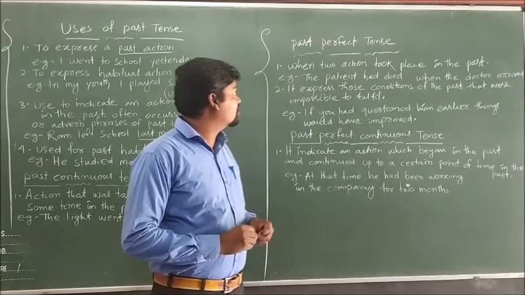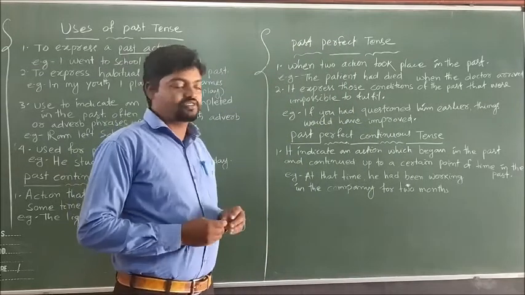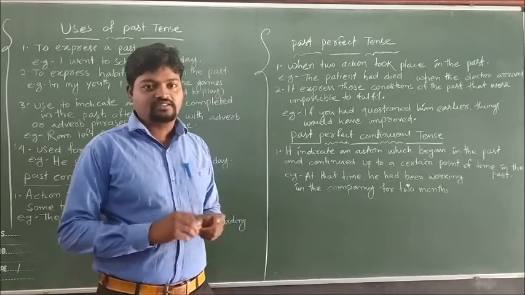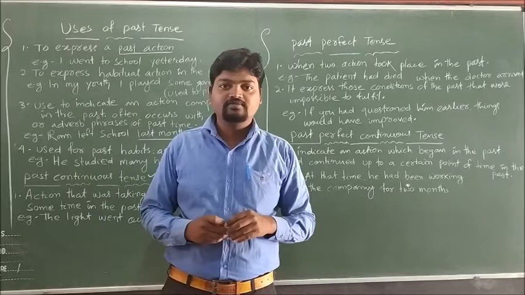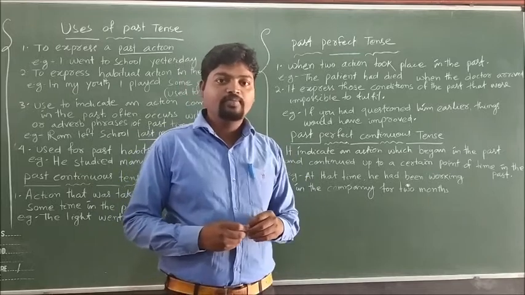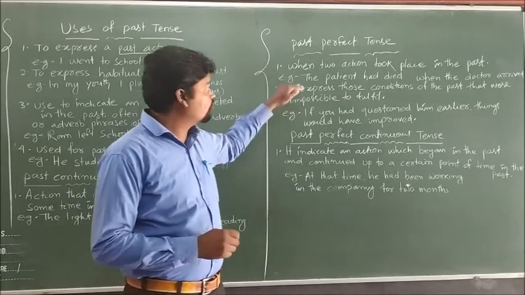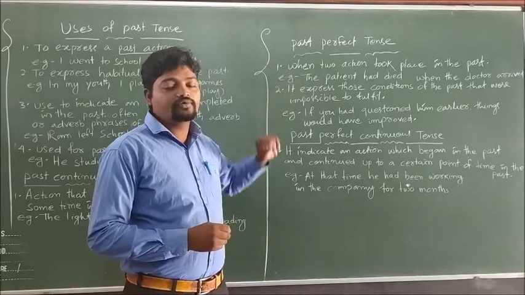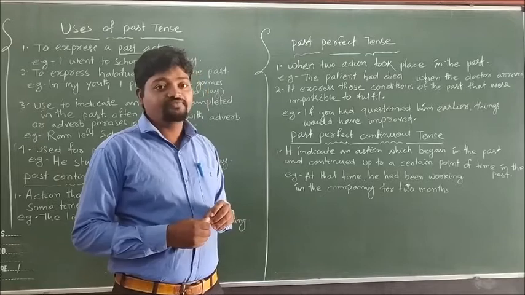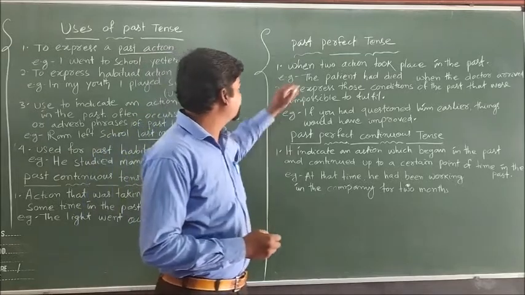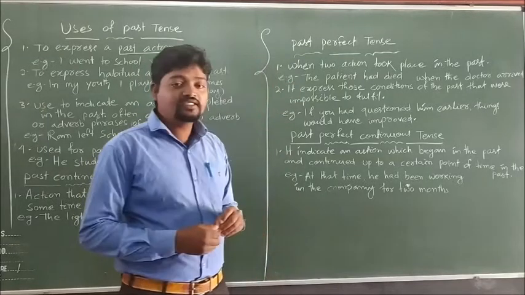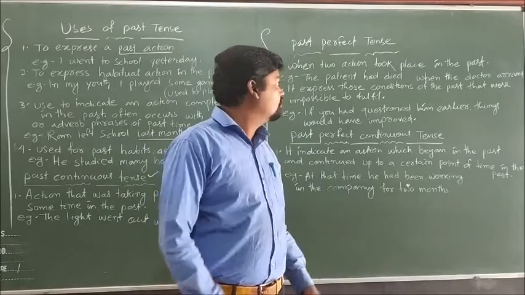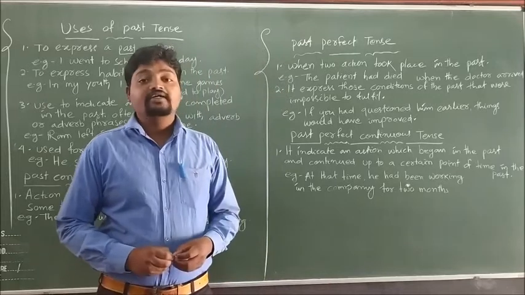Next, we will jump to past perfect tense. When two actions took place in the past, it should be two actions, not one action. In that situation, we have to use past perfect tense. How? Example, the patient had died when the doctor arrived.